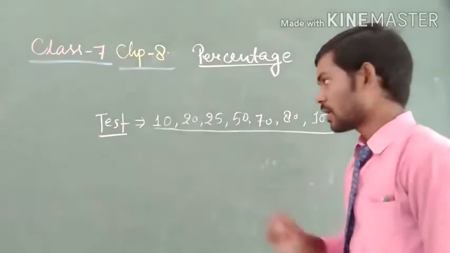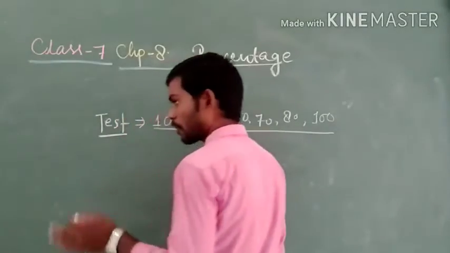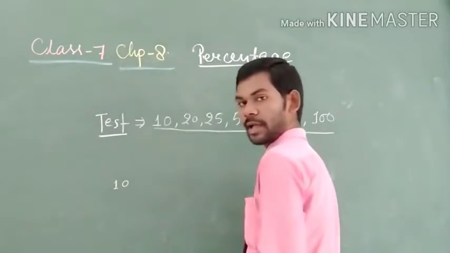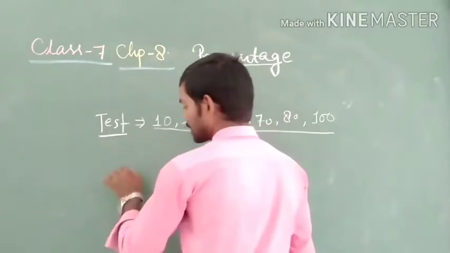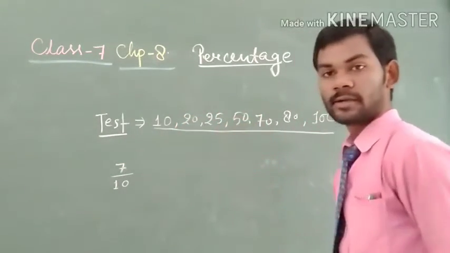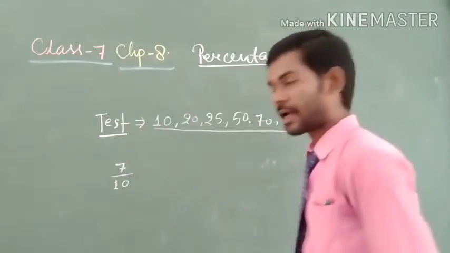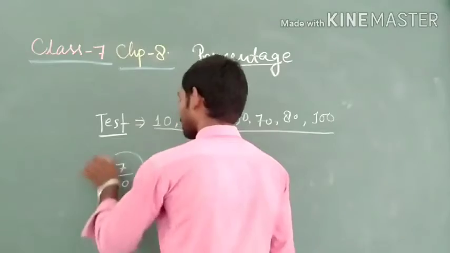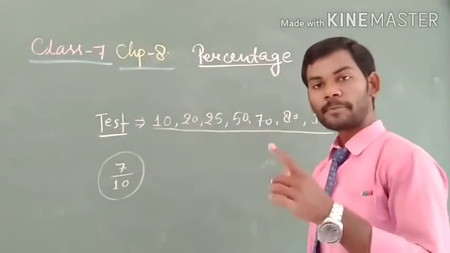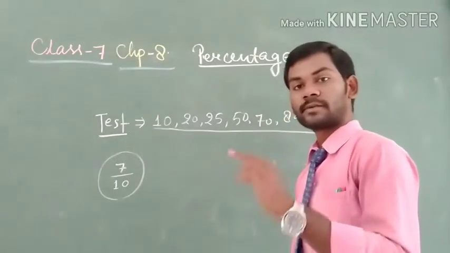Just suppose that you give a test with maximum marks 10 and you obtain 7 marks out of 10. Then we write this as 7 upon 10, which means we obtain 7 marks out of 10.